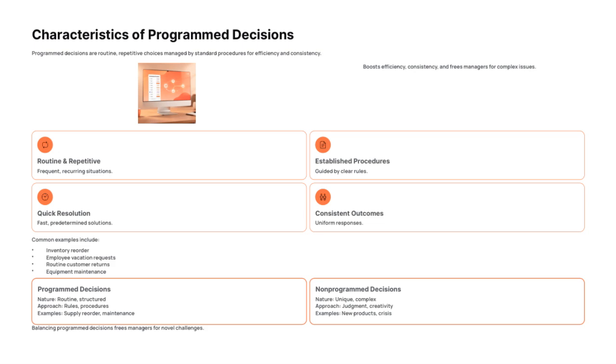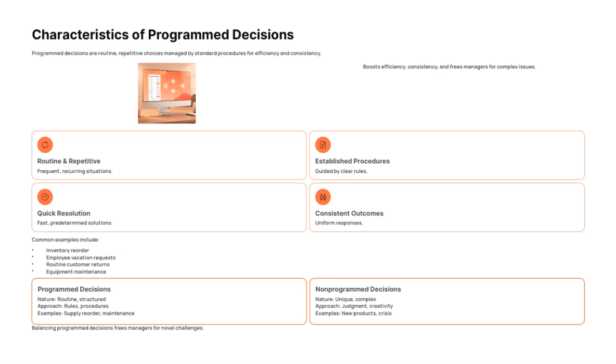These are situations that happen often, and because they're so routine, we can manage them efficiently. The approach for these decisions is quite systematic, using clear rules and procedures to ensure consistency. This consistency leads to uniform responses and predictable outcomes, which is crucial for maintaining efficiency.